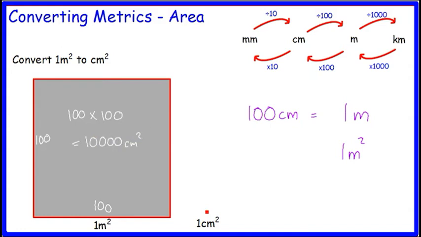There is 10,000 centimeters squared in 1 meter squared. Now, it could be easier to see that like this. It is 100 squared is equal to 1 meter squared. So it's the 100 times the 100.